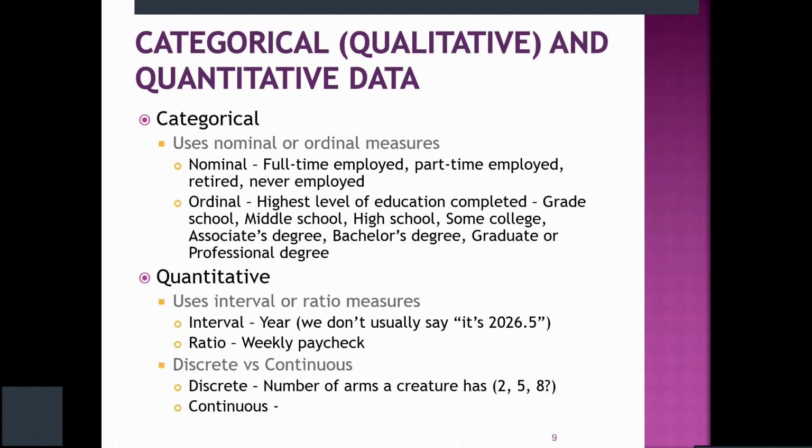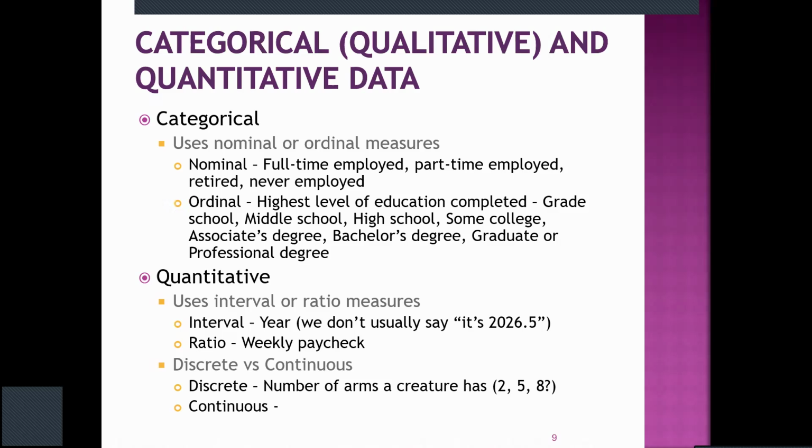And, again, we could put numbers on those, but we don't have to. We can just designate them with the words, like grade school, middle school, high school, etc. Quantitative or numeric data uses numbers and tends to be interval or ratio measures. So again, year, we don't usually say 2026.5. Or ratio, like your weekly paycheck, which might vary depending on, like if you're paid hourly, your number of hours per week would influence your weekly paycheck.